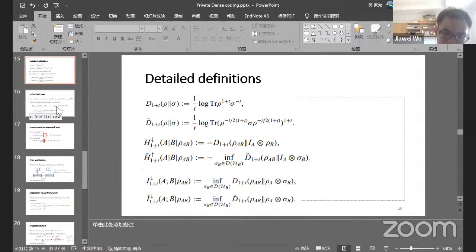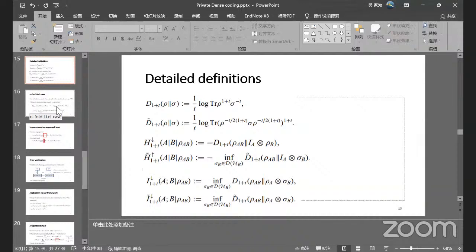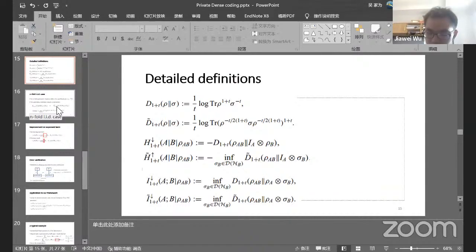Do you mean that this pre-shared state is between Alice and Eve? You assume there is a bipartite state, rho AB, between Alice and Bob, and this state is shared between Alice, Bob, and Eve.